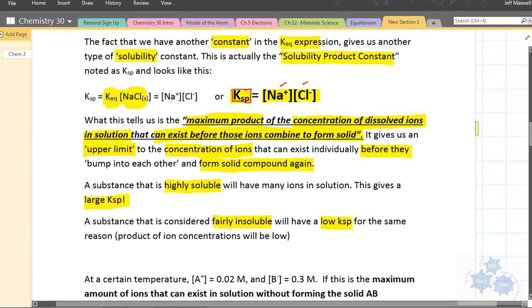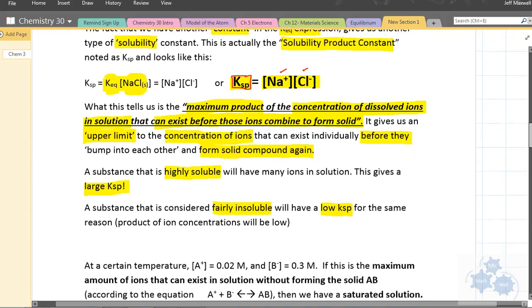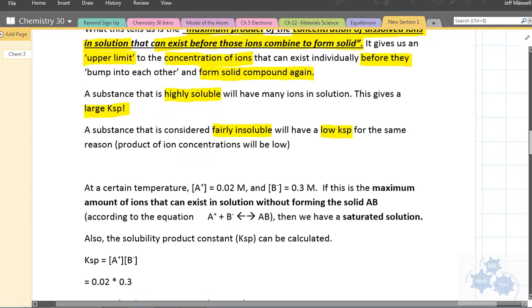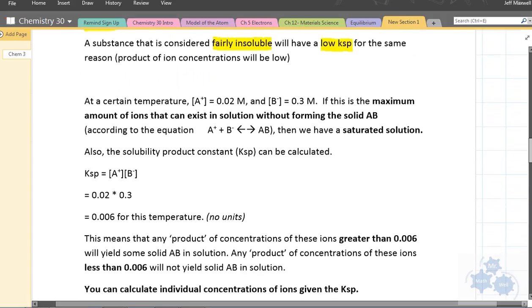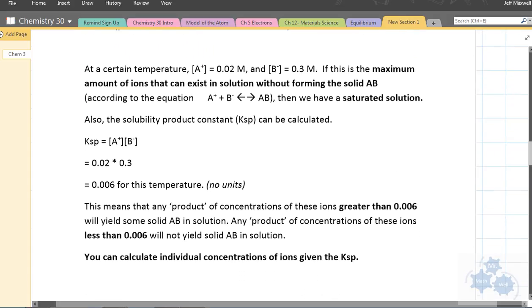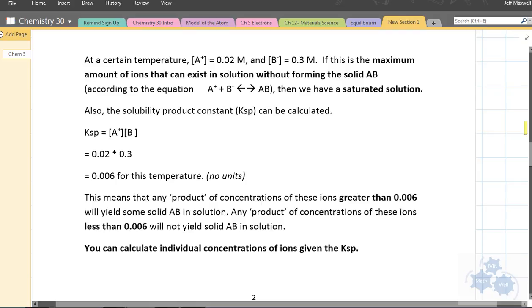Okay, so let's take a look at an example here. Don't write anything down just yet. Let's just look at this together. So, in this example, what does it say?